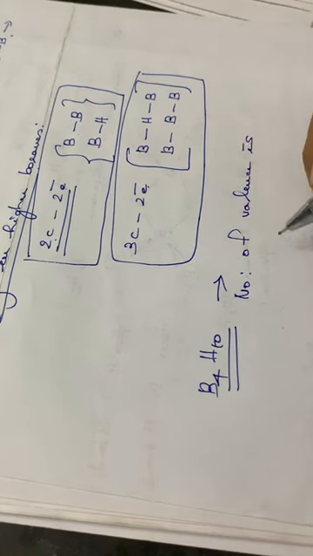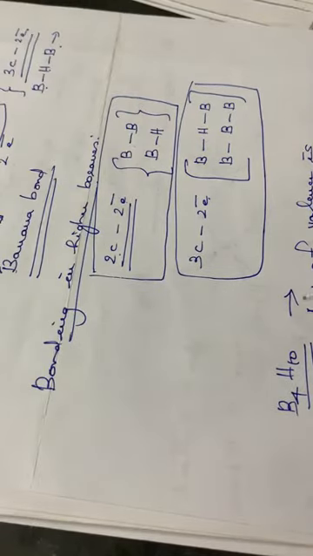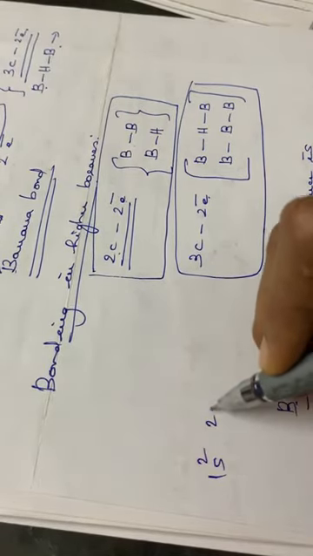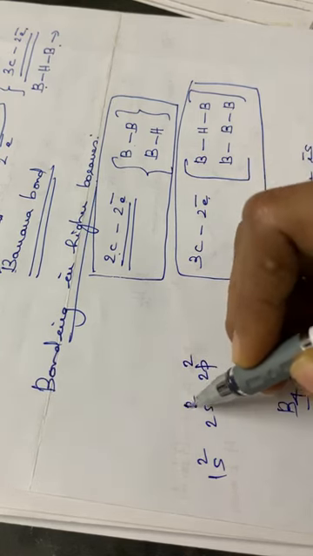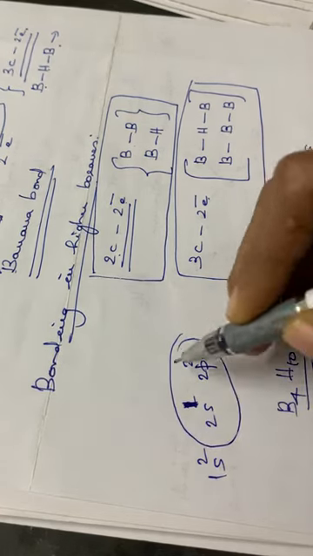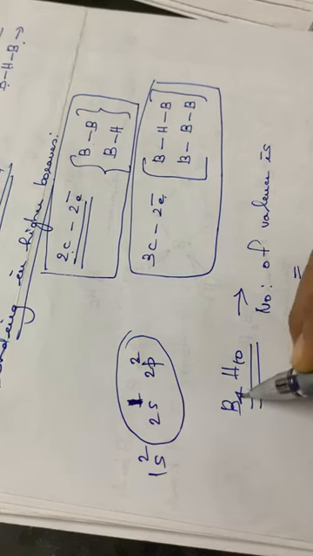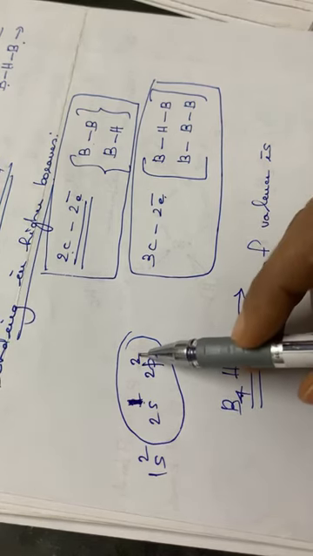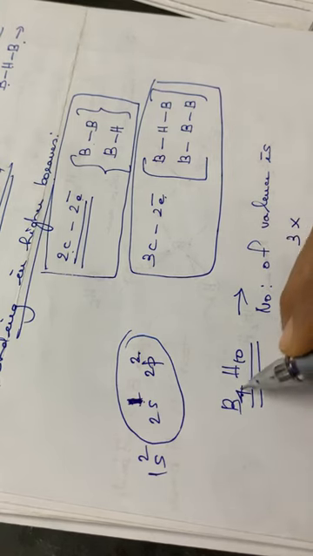From a boron atom, how many electrons are there? Boron is 1s2, 2s2, 2p1, isn't it? So the valence shell will have how many electrons? 3 electrons, isn't it? So one boron has 3 valence electrons. So 3 into, how many boron atoms are there?